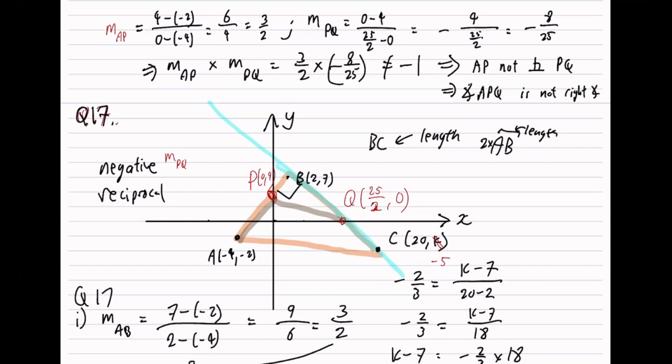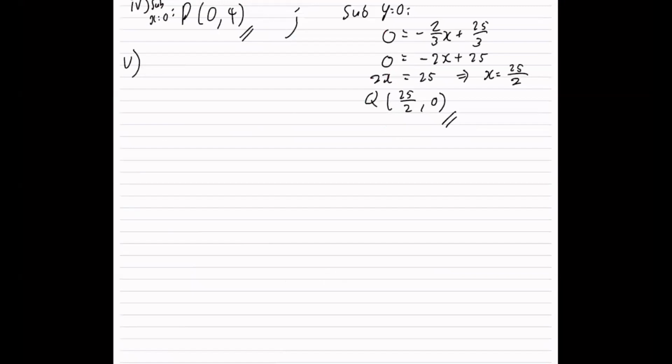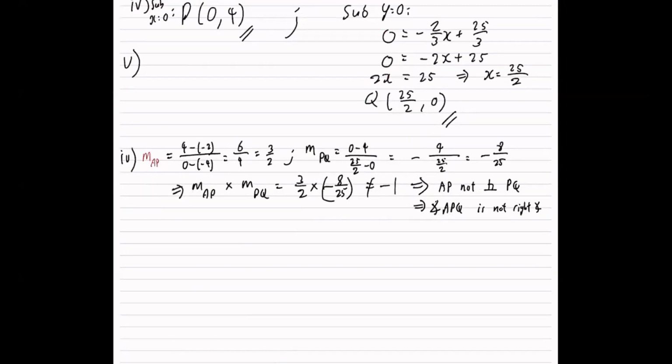Okay. Then question 18 involves a kite question. That's all for this question already. That's part V, IV. Let me bring it down to make it look neater. Hold on. Oh, it's part V, sorry, not IV. Whoops. Okay, what did I want to say?